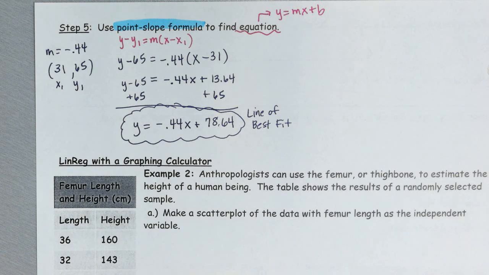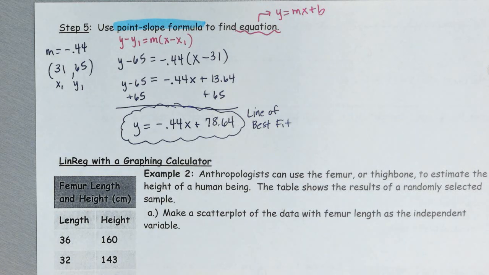Now, remember what I said. I said there's going to be a lot of variation when we are doing this by hand, right? Because depending on where we draw our line, the points that we choose could be a little bit different, which means our slopes could be a little bit different, our y-intercepts can be a little bit different.